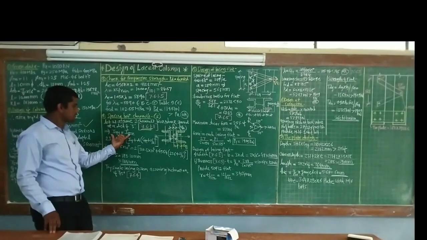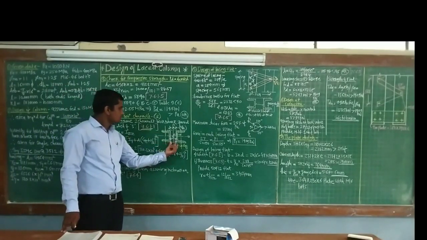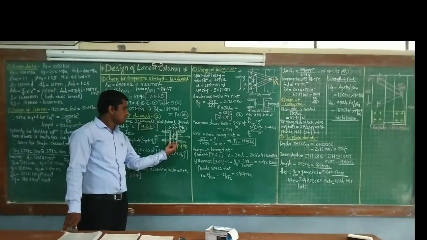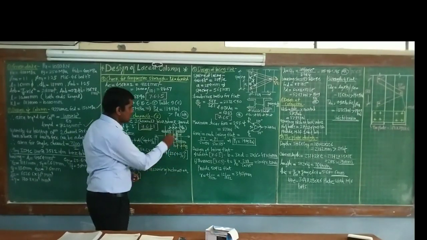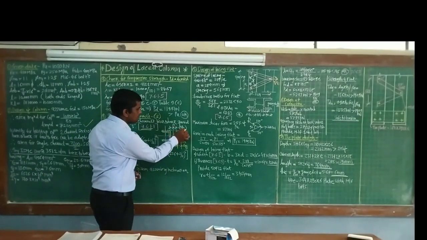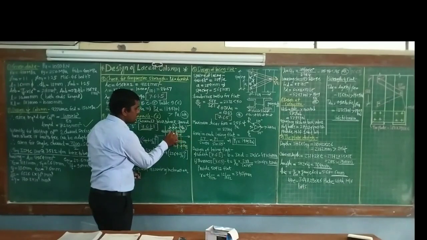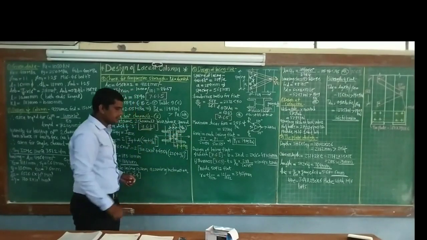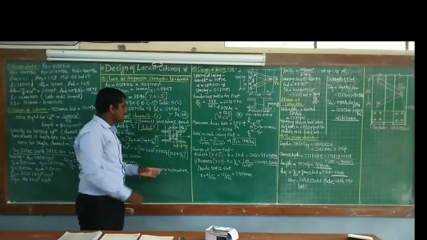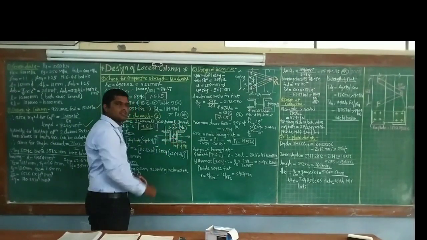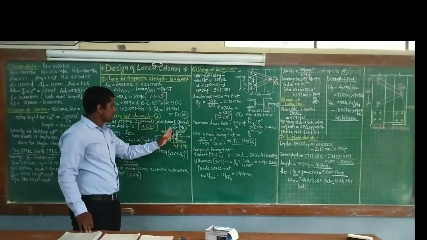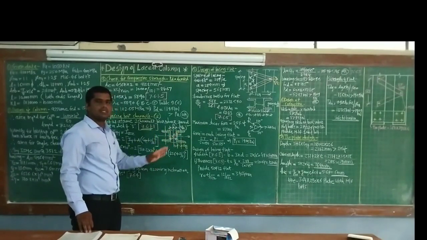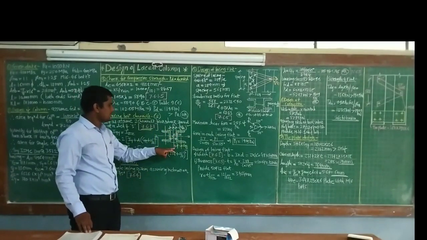Then the spacing of the two channels is denoted by S. S is divided into two parts, so this distance will be S by 2, and S by 2, so the total will be S. If you draw the plane of section about the y axis, the section will be similar about the y axis.